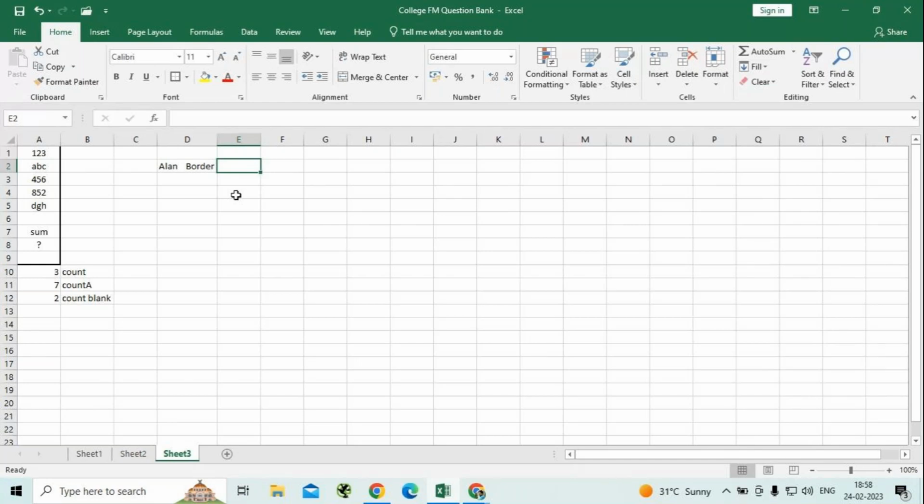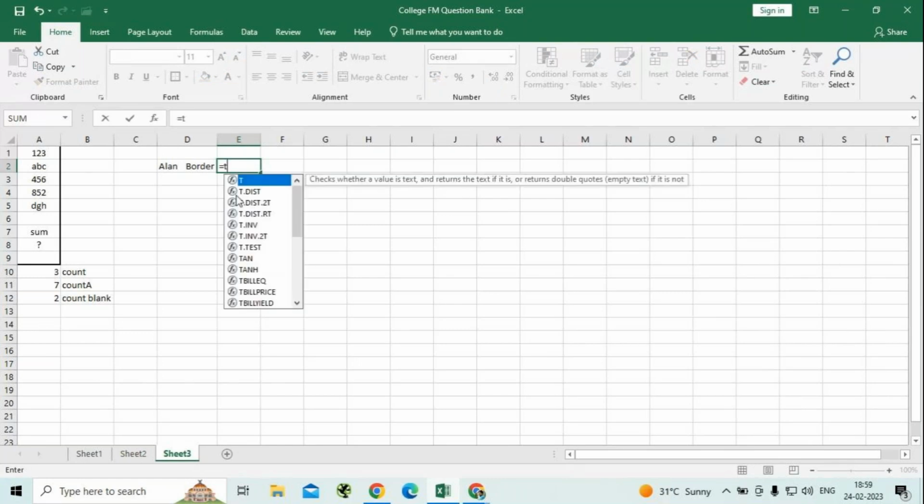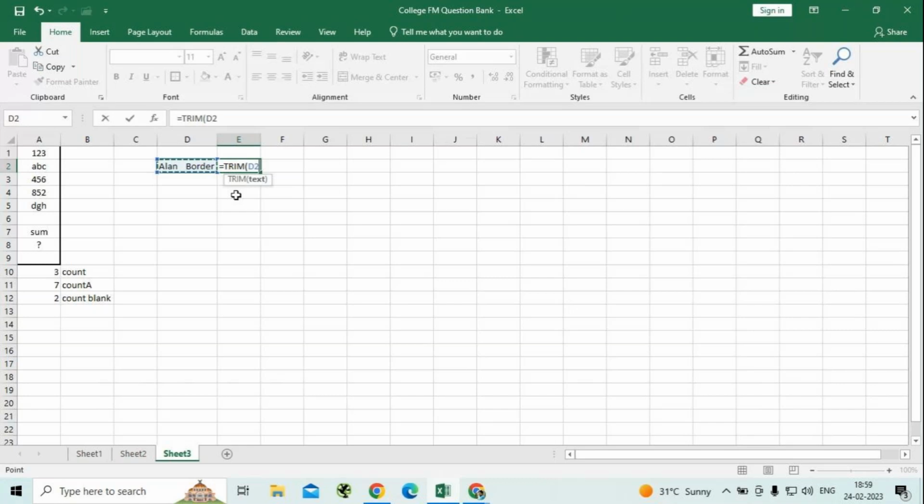For that reason we use predefined formulas, or functions. For this I'm going to use TRIM. I'll select this cell. Suppose all the data is like that, I can drag it so that the function gets applied and gives a proper format of data.